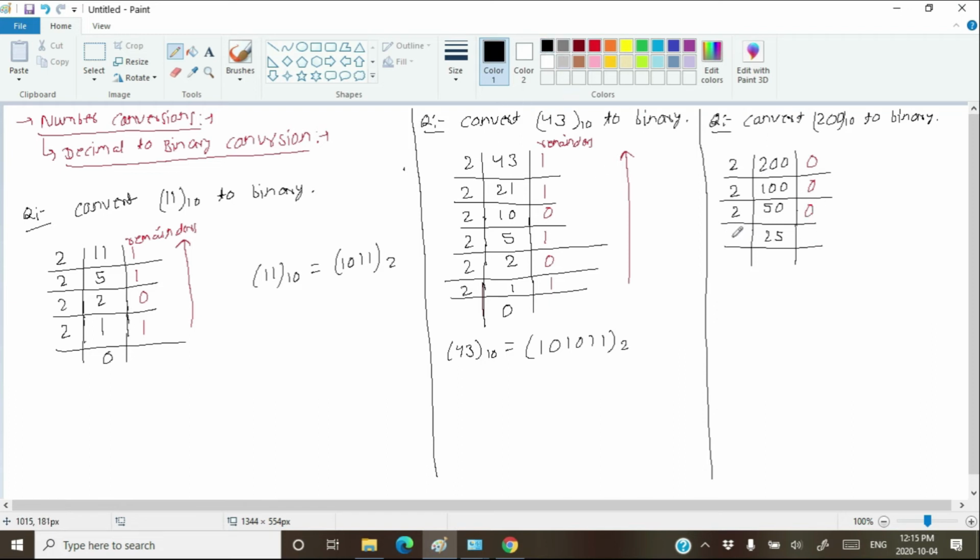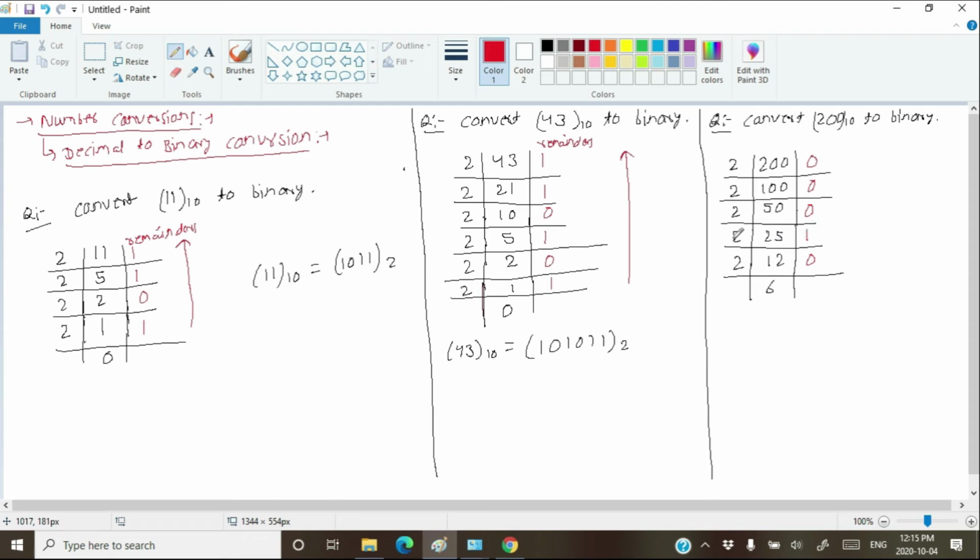When you divide 25 by 2, you will get 12 as the quotient and 1 as the remainder. When you divide 12 by 2, you will get 6 as the quotient and 0 as the remainder. And I'm sorry, here you will get 1 as the remainder for 25 divided by 2.